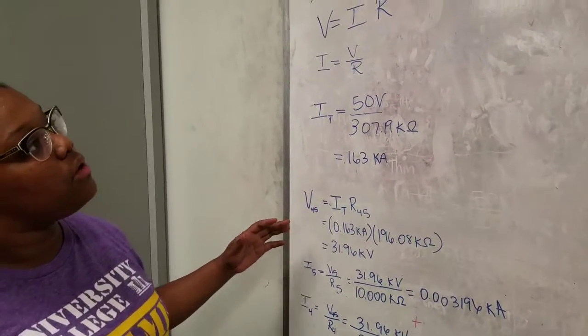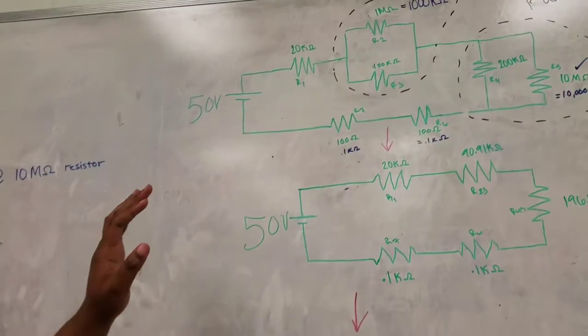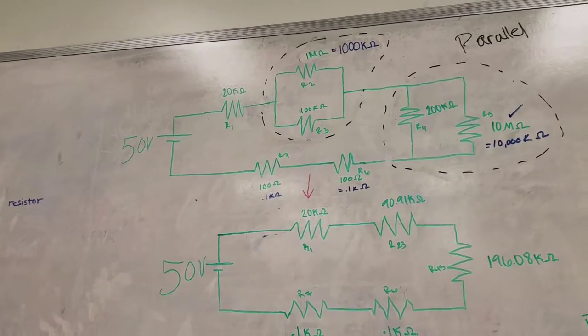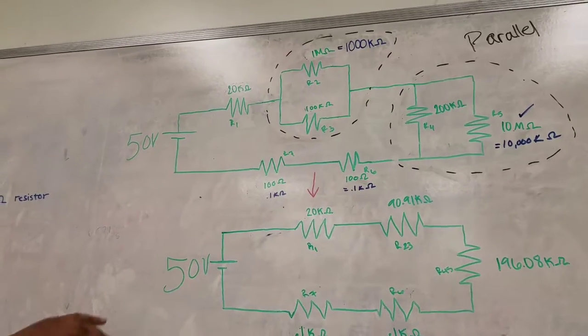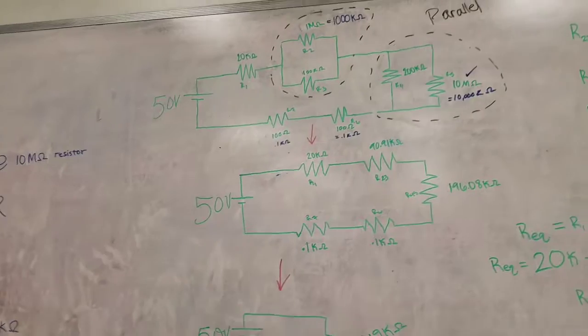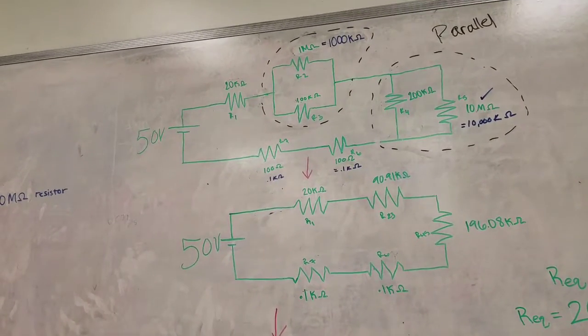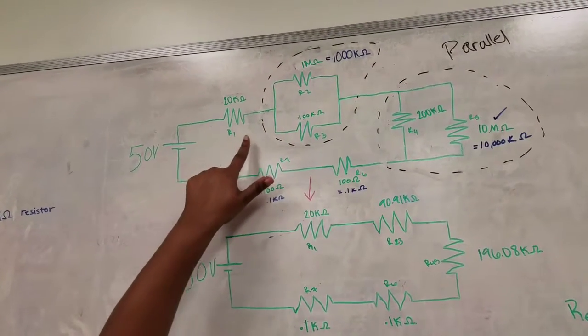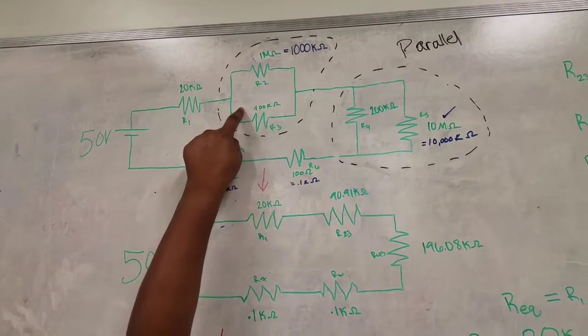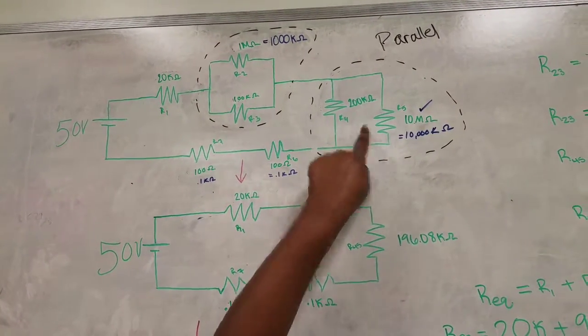We know that as the voltage is going through, it's not always constant. Voltage is constant in a parallel circuit, but in a series circuit, it is not. So here we have a voltage drop, here we have a voltage drop, and here we have a voltage drop.